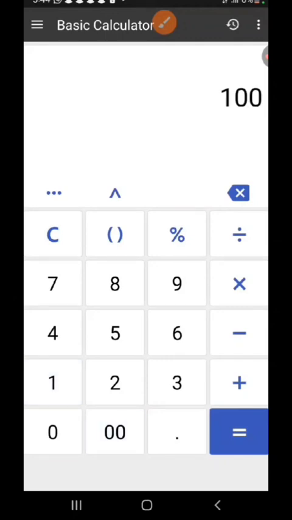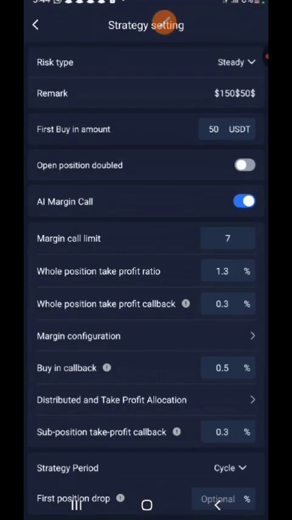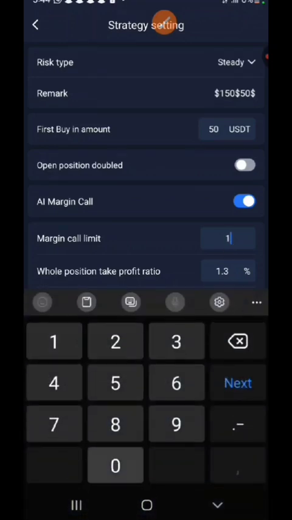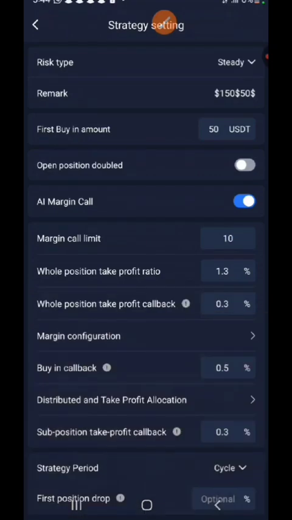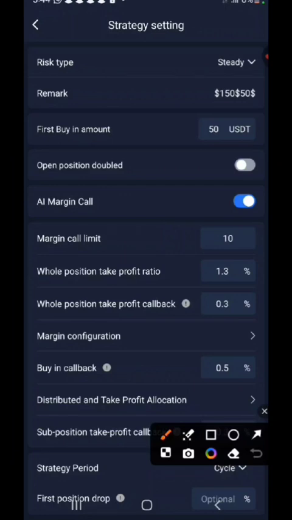I say 100 divided by 10, the 10 margin calls. I'm going to get 10. So I come here. Zino 10. These are the number of margin calls, the number of times I want my robot to buy whenever the market drops.